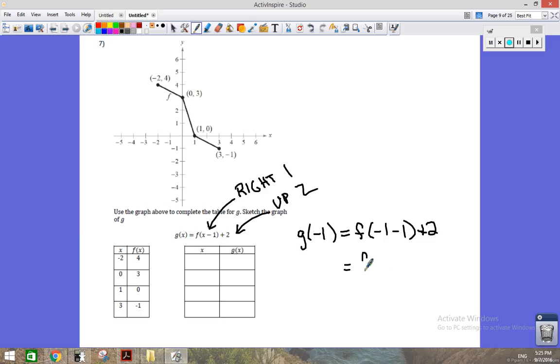So this is f evaluated at -2, plus 2. From my original table, f evaluated at -2 is 4, and 4 plus 2 is 6. So -1, 6 is a point on the graph of g.